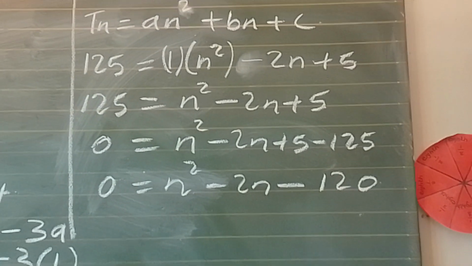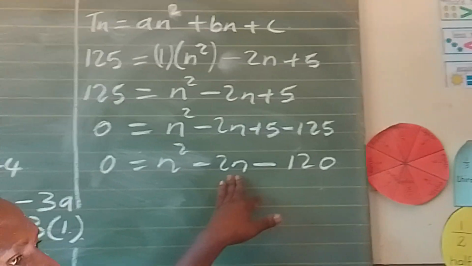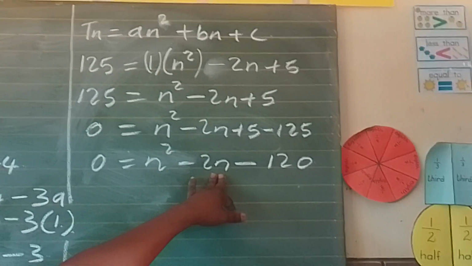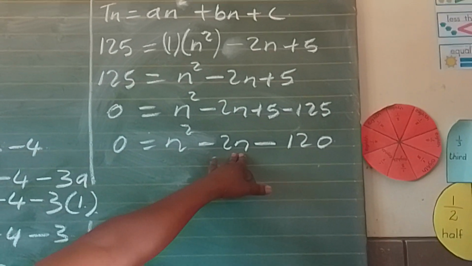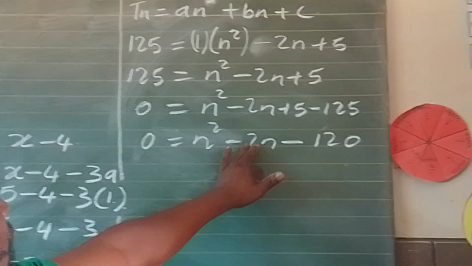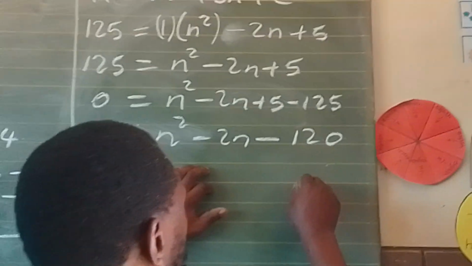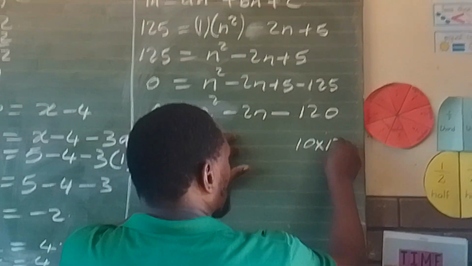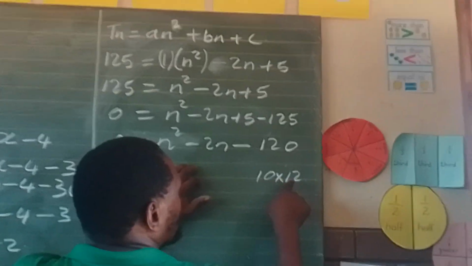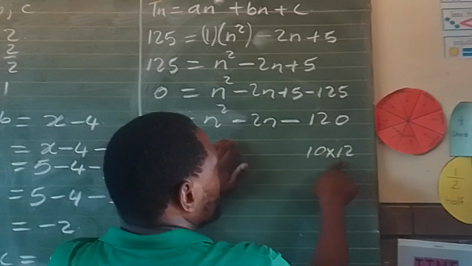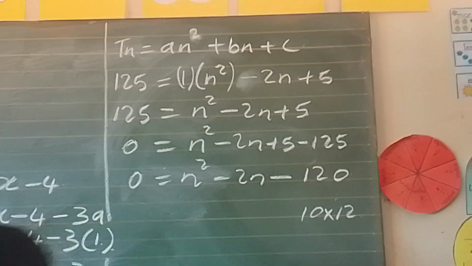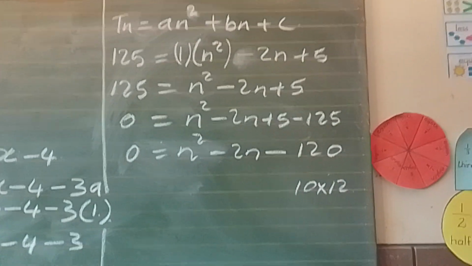Right, we factorize this. The factors of 120 that give us 2 when you subtract them: 10 times 12, then 12 minus 10 is 2. Now the factors are 10 and 12.